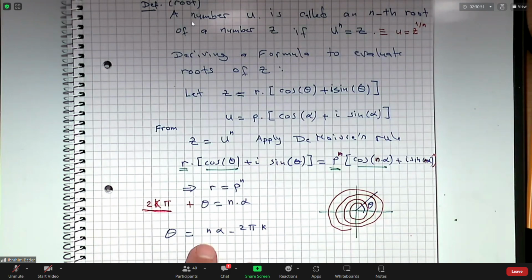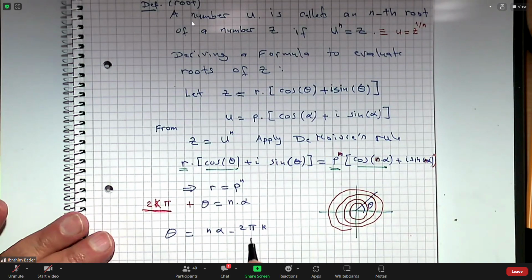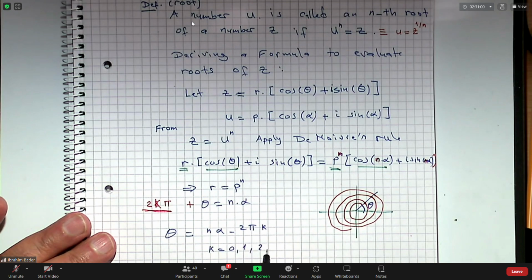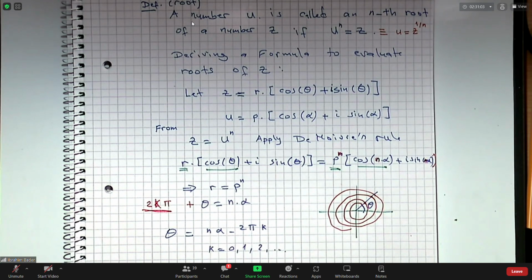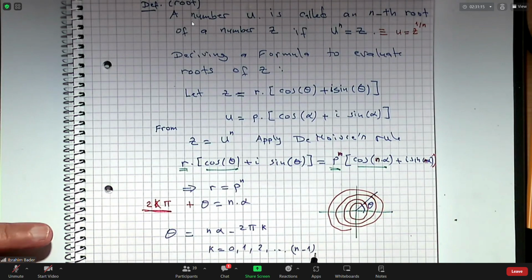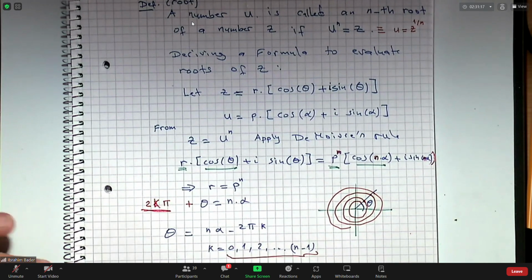So k equals 0, 1, 2, etc. Actually, here it ends at n minus 1. How many numbers does this sequence include, from 0 to n minus 1?